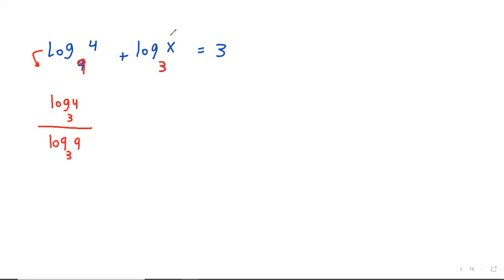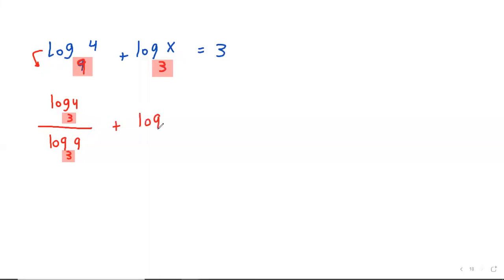Why 3 exactly? Because the base here is 3 and the base here is 9, and we have log x, the variable, with base 3. So I wrote log 4 in the base 9 as log 4 in the base 3 over log 9 in the base 3. And as you know, log 9 in the base 3 is 2.